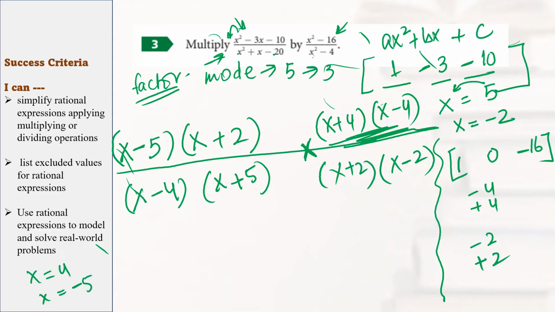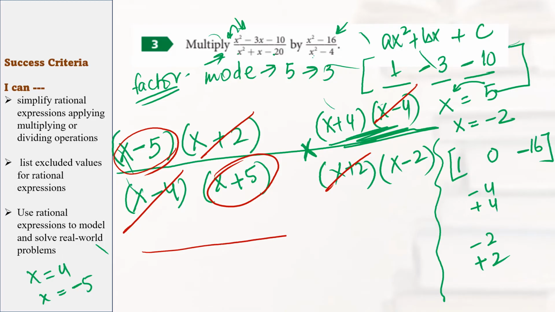Now cancel the same expressions. x plus 2, x plus 2, and I have x minus 4 and x minus 4, and that's it. Never ever cancel x minus 5 with the x plus 5. No. Plus will be cancelled with the plus and minus will be cancelled with the minus.